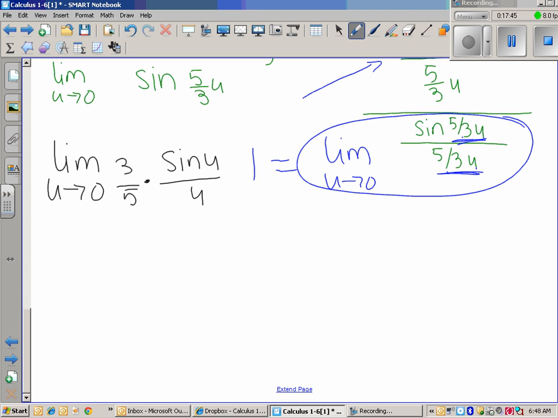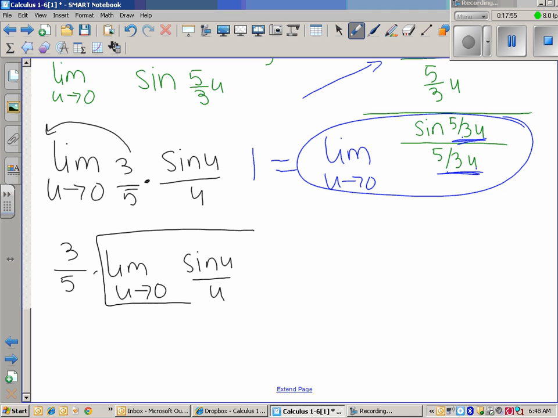We're going to use limit rules to pull this out front. So this is really 3/5 times the limit as u goes to 0 of sine u over u, which magically is equal to our identity, and we get 3/5 as our answer. You can check that on your calculator.